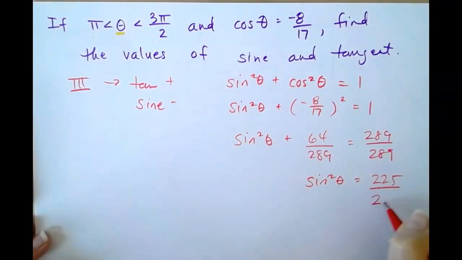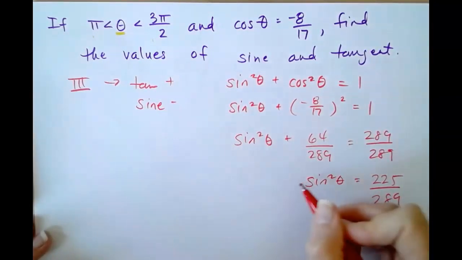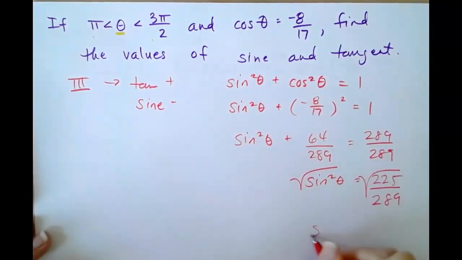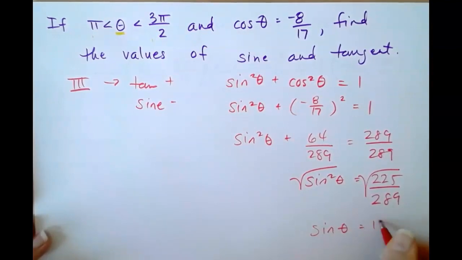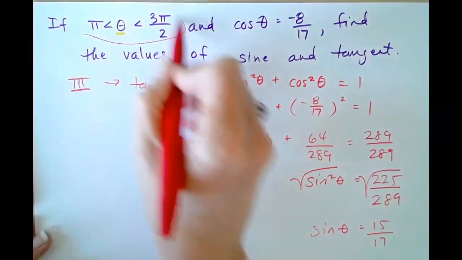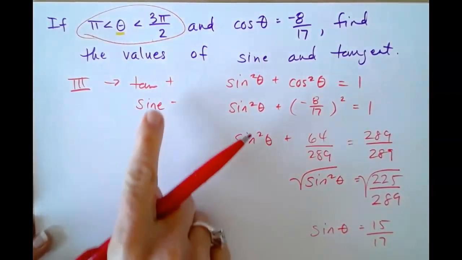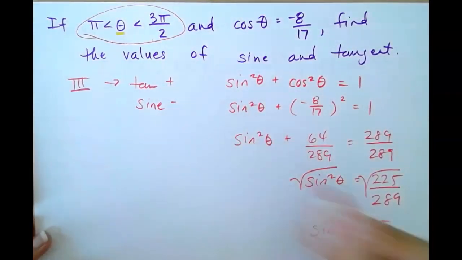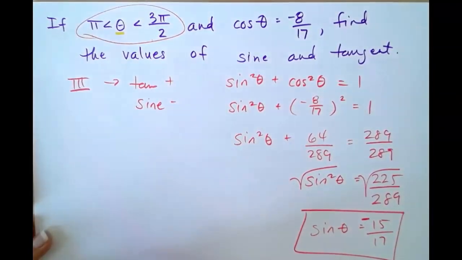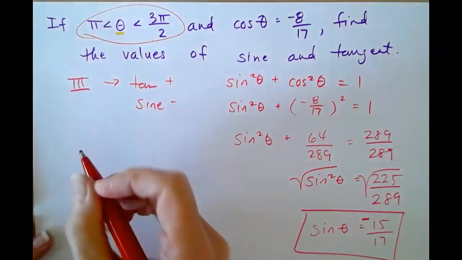So we end up with sine squared equaling 225/289, square root, the sine of theta equals 15/17. But since we are in quadrant 3, we know that it must be negative. So the sine theta is -15/17.